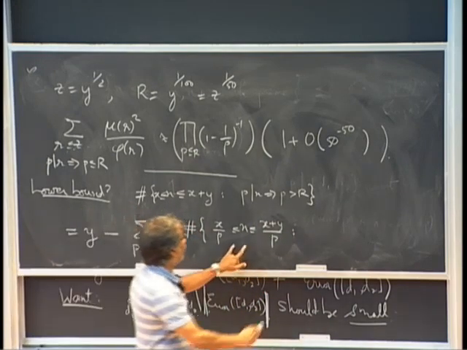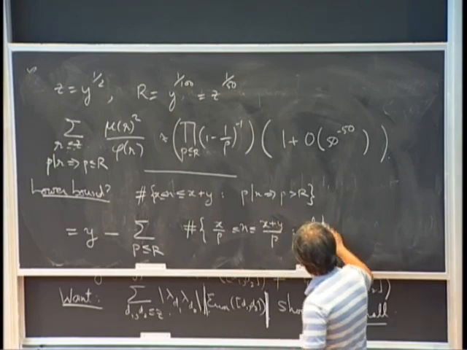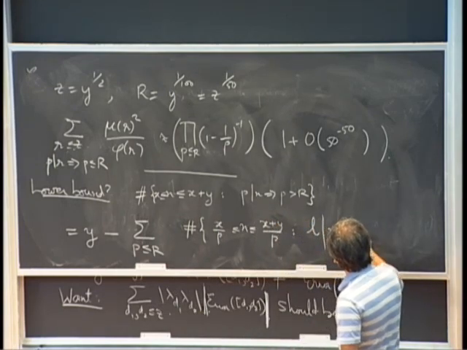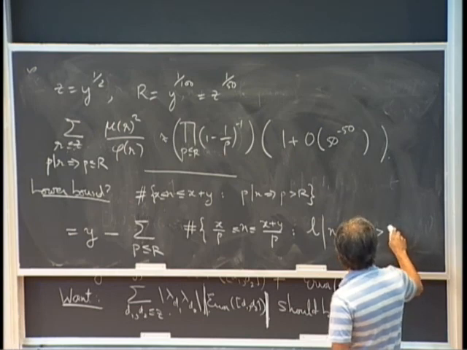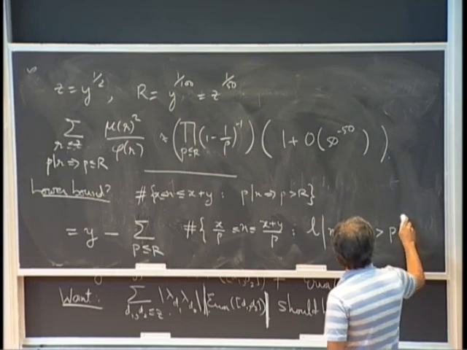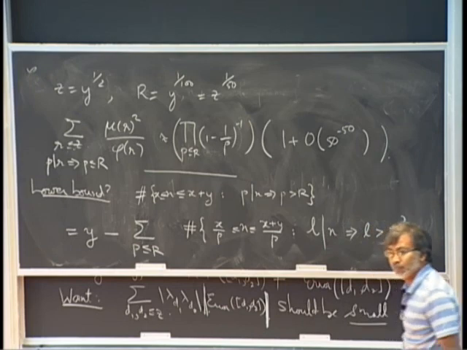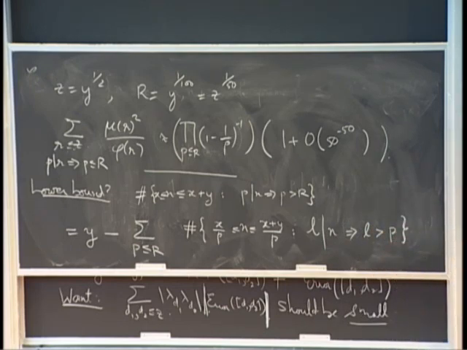Such that all the prime factors, let's call them now L, of n are bigger than p. Is this good? I've just counted it with the smallest prime factor that it contains.